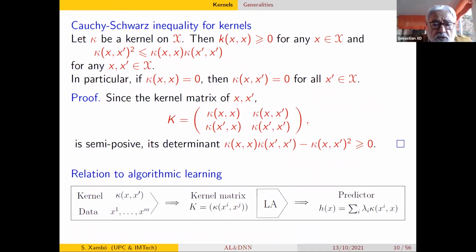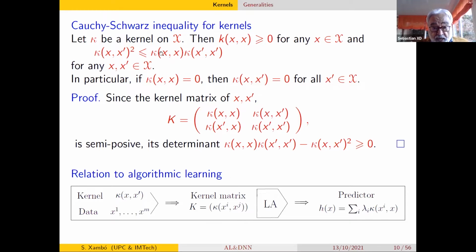Well, there are two very simple facts that should be stressed. If kappa is a kernel on X, then kappa of x, x for any vector is non-negative. Well, this is the case M equals 1 in the Mercer condition. On the other hand, if you have two vectors, x and x prime, then kappa of x, x prime squared is less than or equal to kappa of x, x times kappa of x prime, x prime.